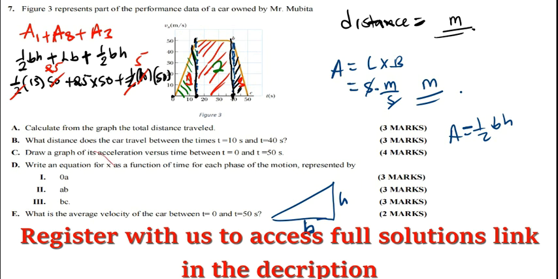So I'm getting 375 plus 50 times 25. I'm getting 1250 plus 5 times 50. I'm getting 250.